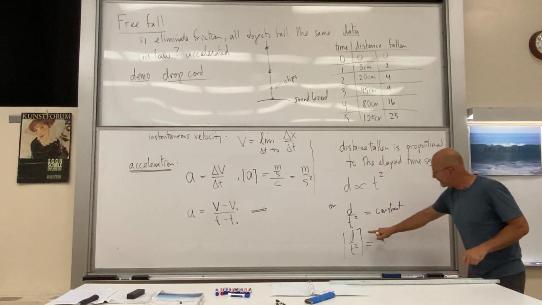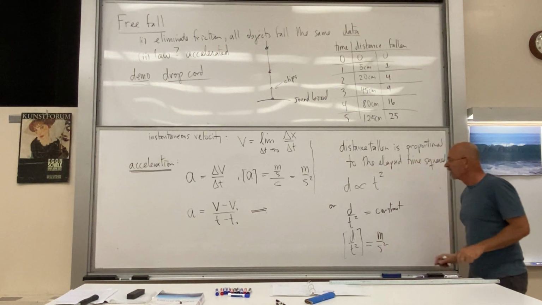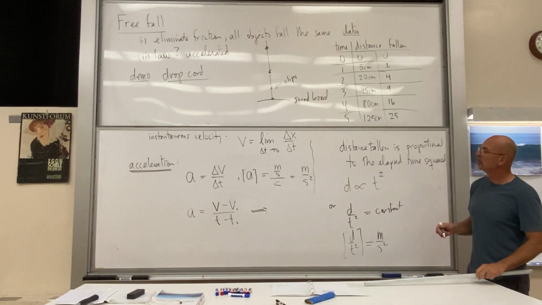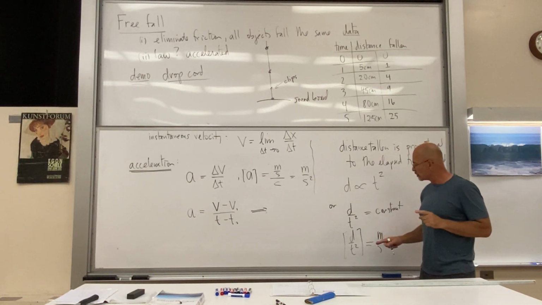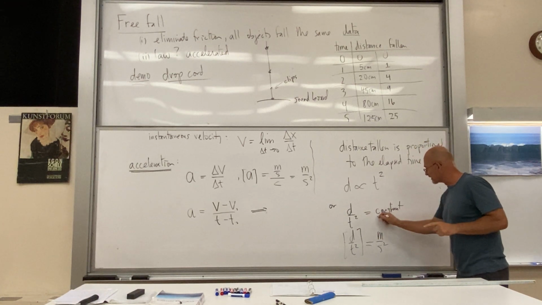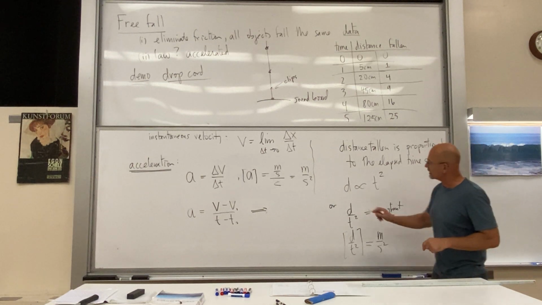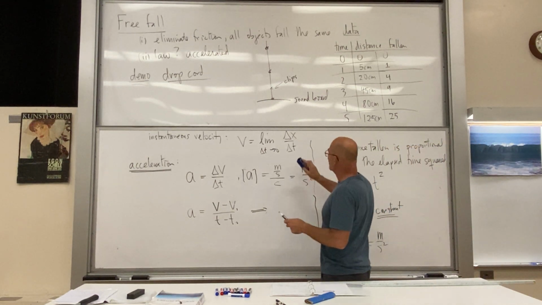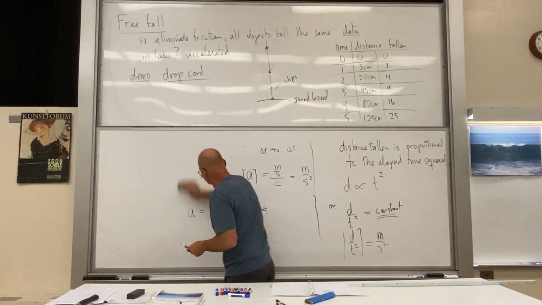We get meters per second squared, and those are the units of acceleration. So we already knew the free fall is accelerated motion. Now we know it is motion with constant acceleration. Okay? So that's the big takeaway here that we learned, and I'll write that down over here. Free fall is motion with constant acceleration.